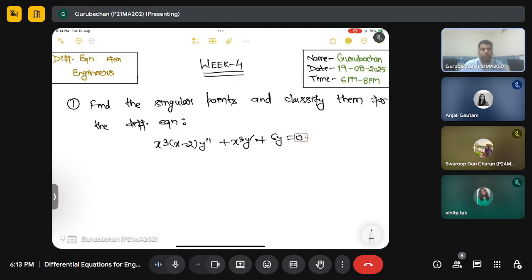So we have been given a second order linear differential equation. We need to first of all find its singular points and classify them.